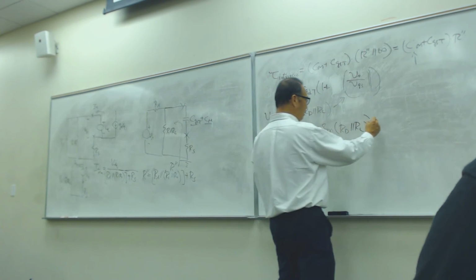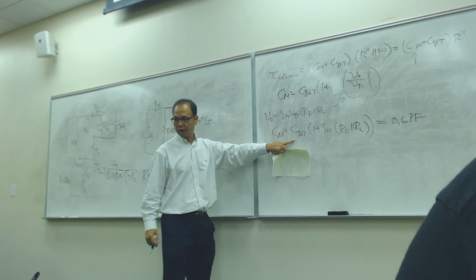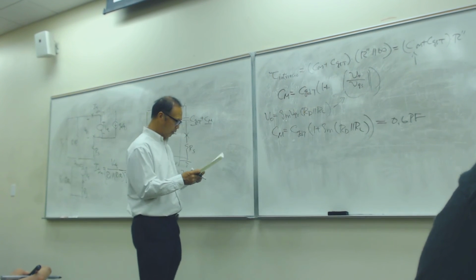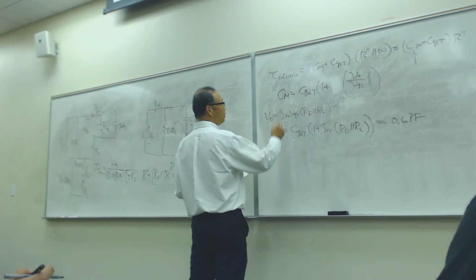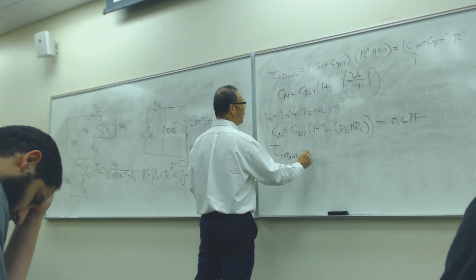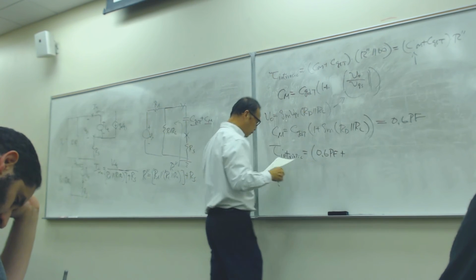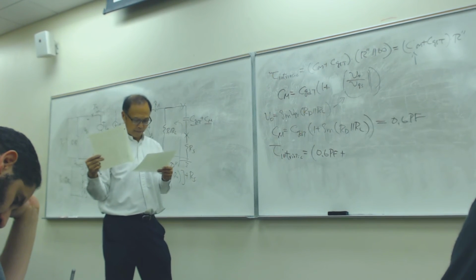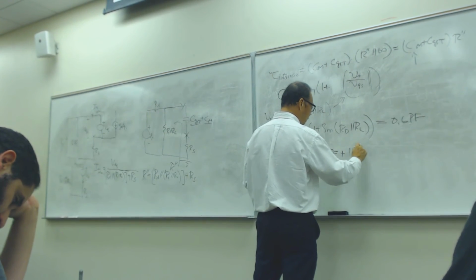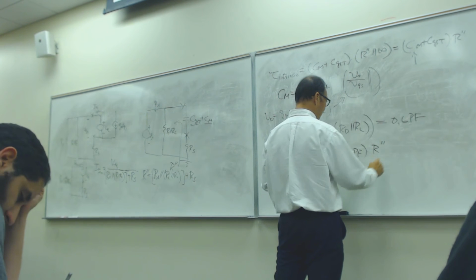So I got a number for that, about 0.6 picofarad. Remember, this is given, and all these are known. Okay, so tau intrinsic is 0.6 picofarad plus what was CGDST? CGDST was 1 picofarad, right? So 1 picofarad times R double prime.